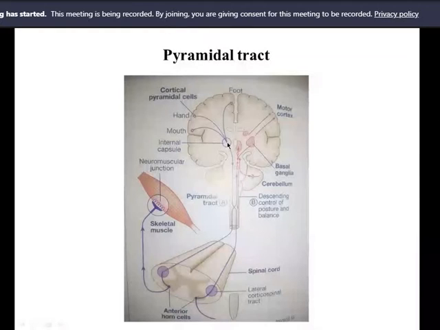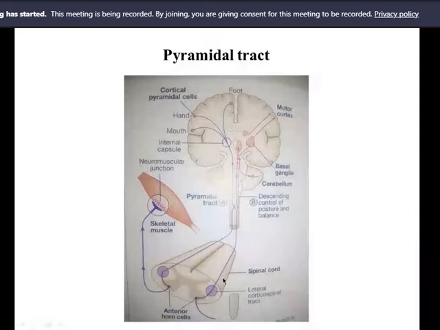Through that the tract comes down, and the pyramidal tract crosses to the other side of the body, then comes down laterally in the spinal cord as the lateral corticospinal tract.